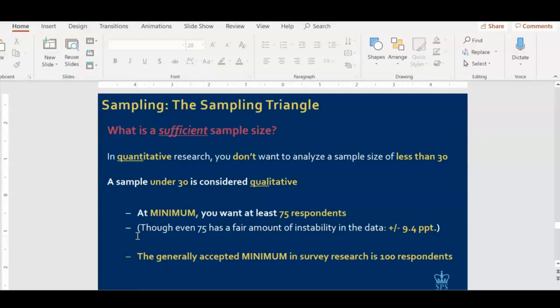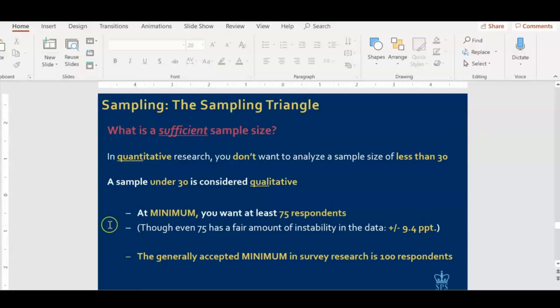Minimally, you really want to interview at least 75 respondents, although in research, the generally accepted minimum base size is 100 for subgroup analysis.